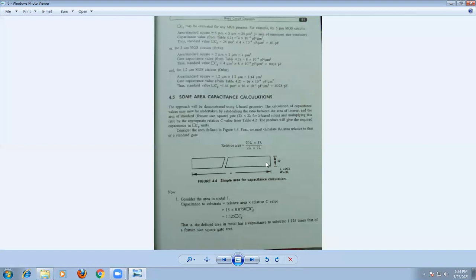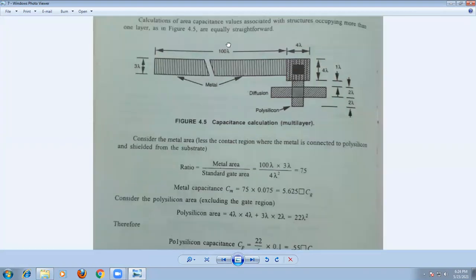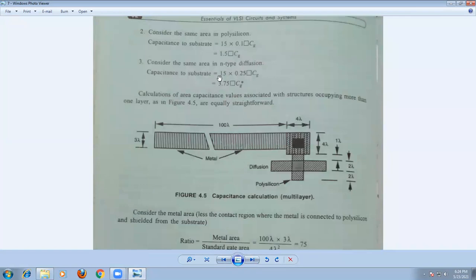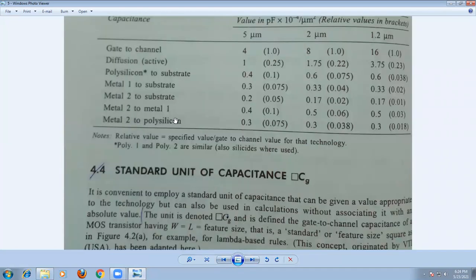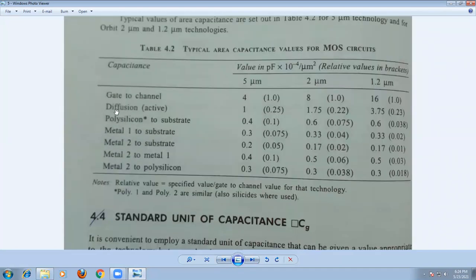Similarly, we can consider again this area, N diffusion. Again, the relative area is the same, and for the N diffusion to substrate capacitance, you have to consider the diffusion capacitance from the table. This is the active layer, always in terms of substrate only. The diffusion capacitance relative value is given as 0.25.